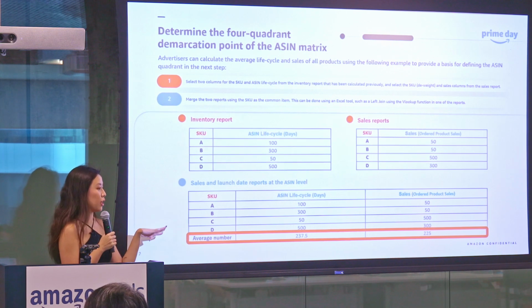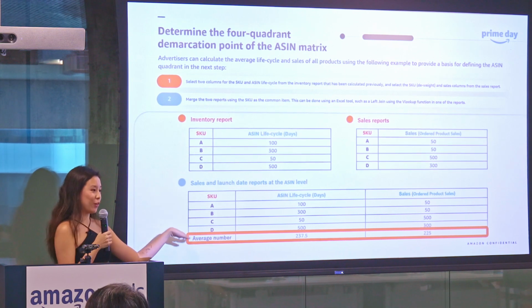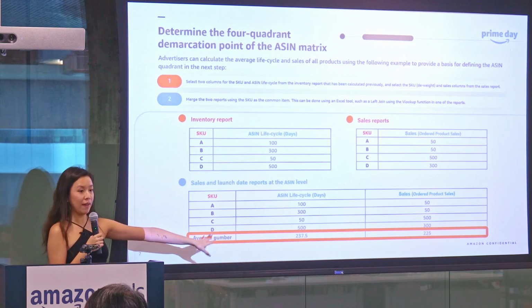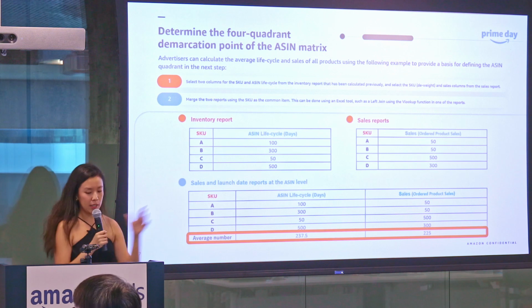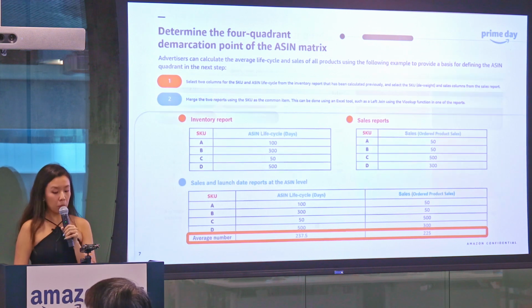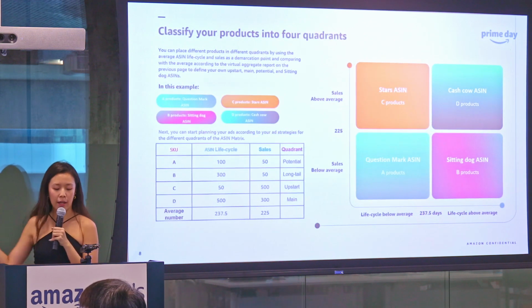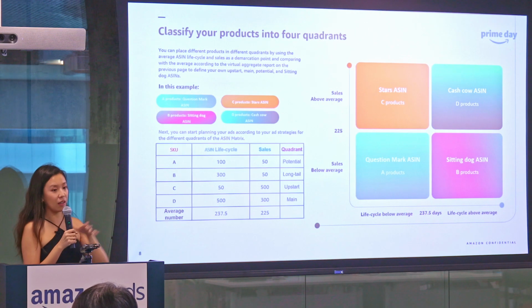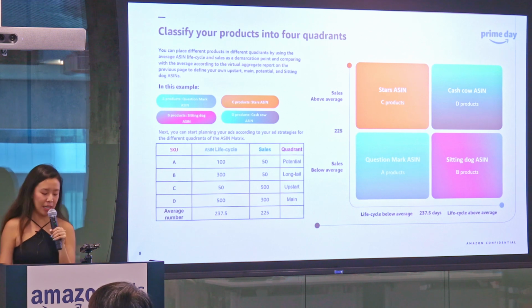For example, if you launched red socks, blue socks, green socks, etc., look at their life cycle as well as their sales. Then classify your products into 4 quadrants as a guide. Your average sales and average product life cycle will be the middle point that separates the 4 types of ASINs.